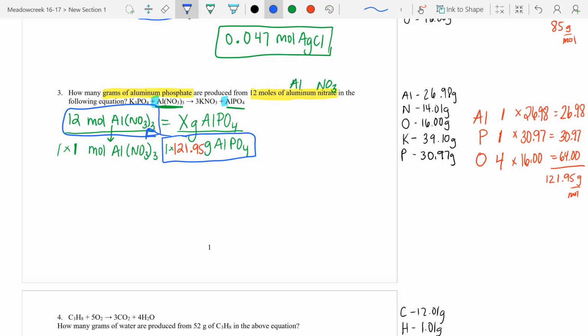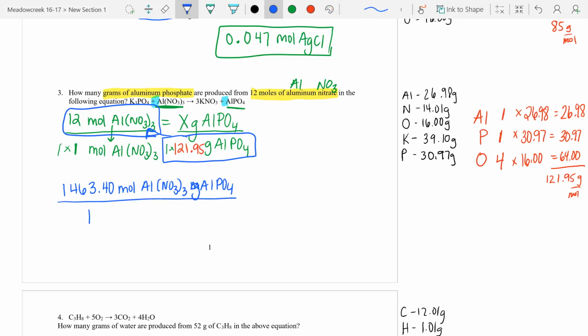And then 121.95 times 12 is going to give me 1,463.40 moles of aluminum nitrate, grams of aluminum phosphate over 1 mole of aluminum nitrate equal to X grams of aluminum phosphate.